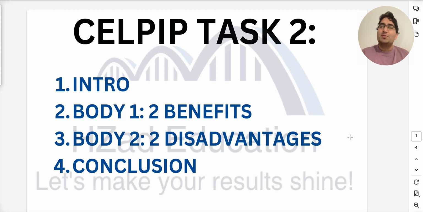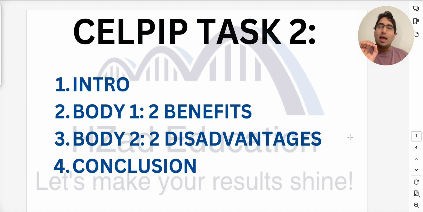Now, body 2, we have to do 2 disadvantages. Be careful here. In IELTS, we do the opposite of what we say in body 1. So in a lot of the examples, we would say, well, also, meat products would be bad because, and we give reasons. We don't do that in CELPIP. Remember that. You cannot say good things about your opinion in one body and then bash the same opinion in body 2.